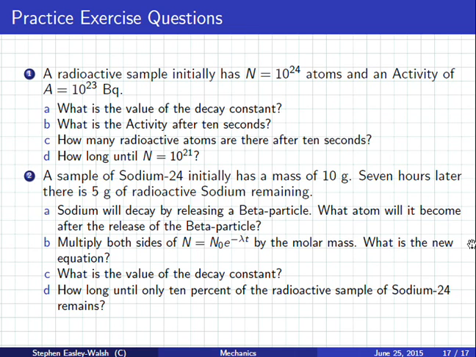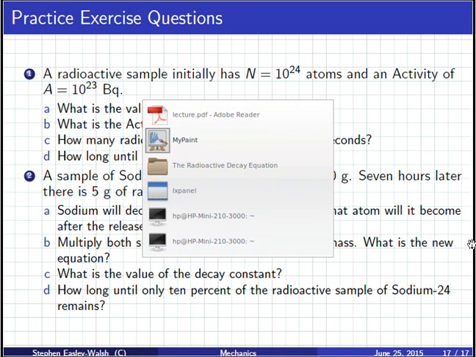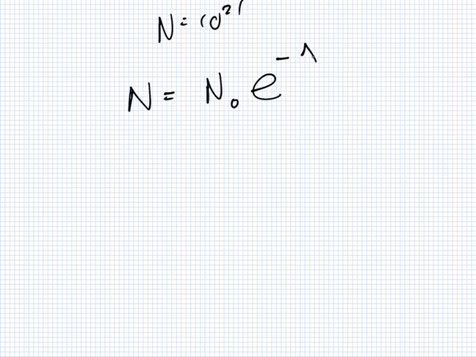Okay, so you need a little help with 1D. What do I ask you in 1D? What do I want? How long? So I want time. And what do I give you? N equals 10 to the power 21. So which formula should you use? What do you think? I think this formula. N equals N0 e to the minus lambda t. This is 10^21.